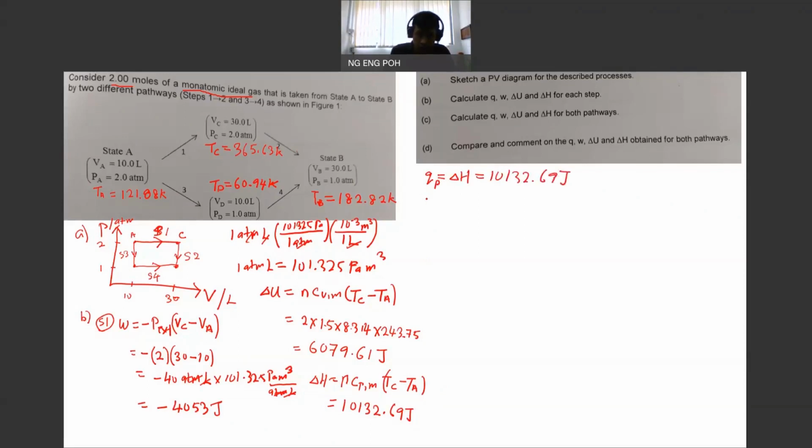Or if you want to double confirm, you can use Q equals delta U minus W. Delta U is 6079.61 joule minus W, which is minus 4053 joule.